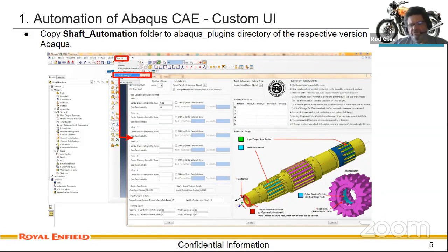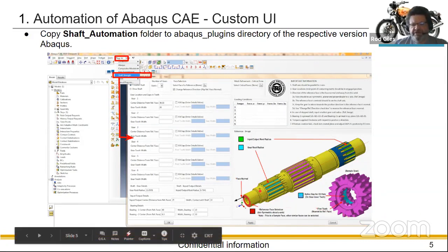And we can use this dialog box to import the geometry, identify which regions on the shaft have gears attached to it, and also where the bearings on the shaft are. So in this case, the bearings would be at the ends of the shaft.